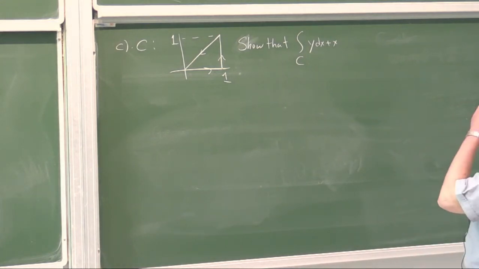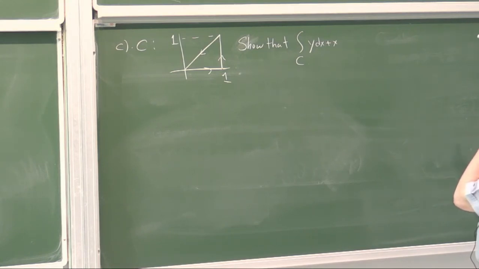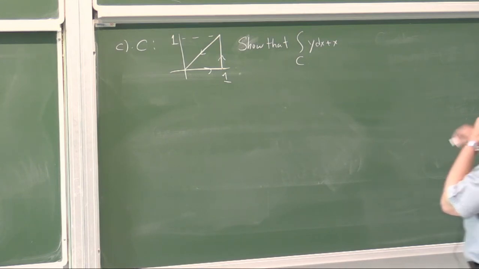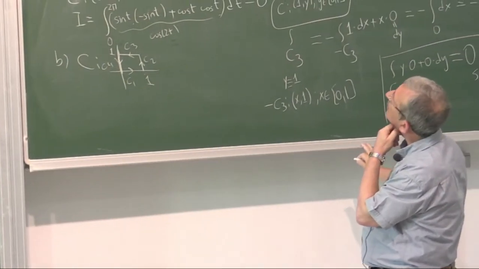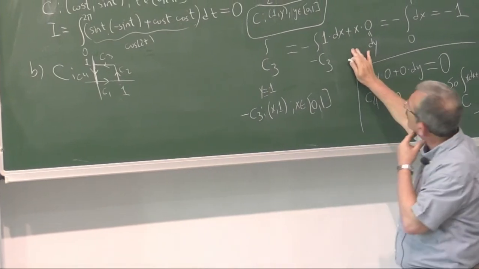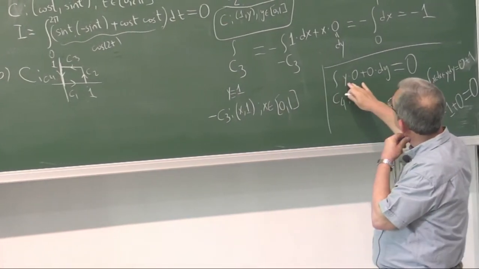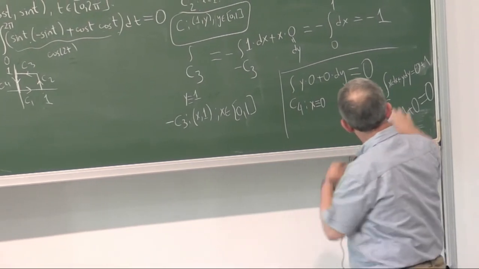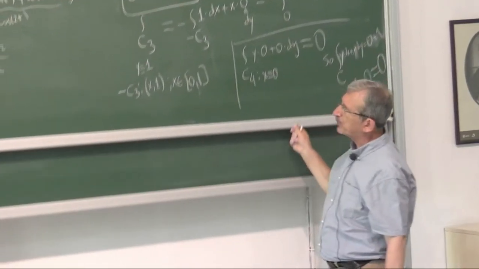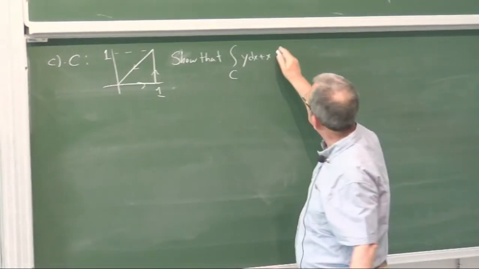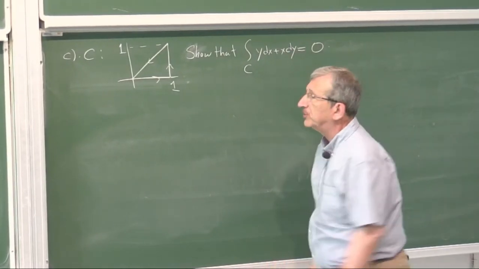That should be y dx. So C1 is correct, C2 is correct, C3, y is 1, so this is correct. Only one was not correct, but that's not important. So you can show that this is 0 as well.